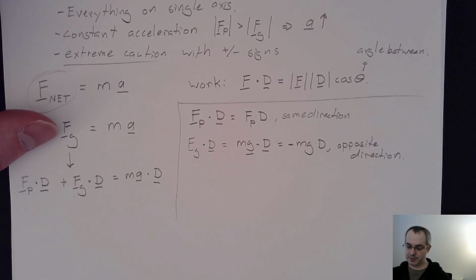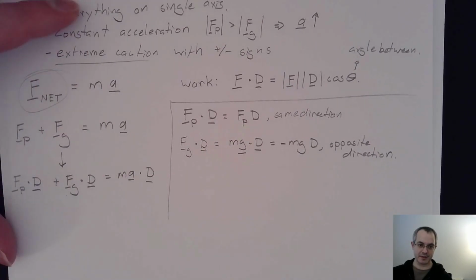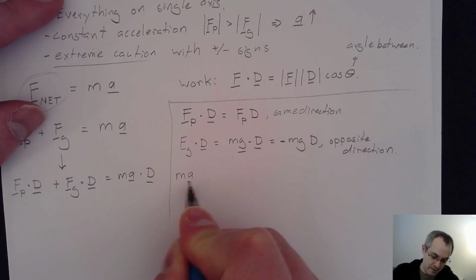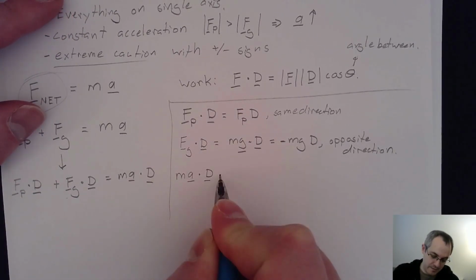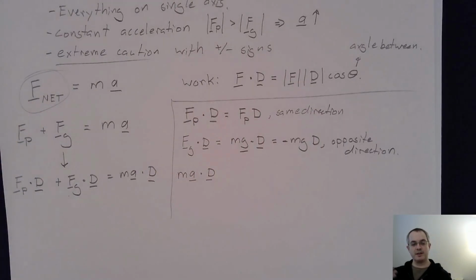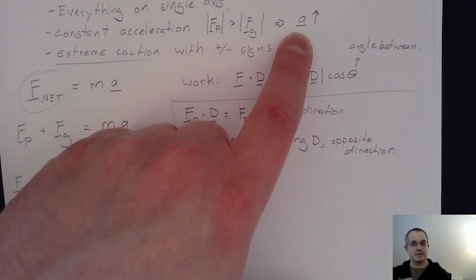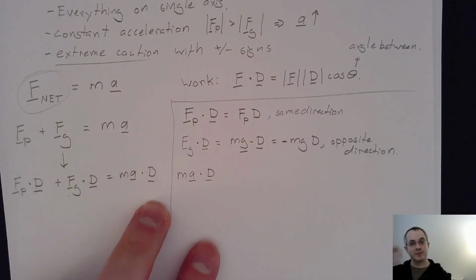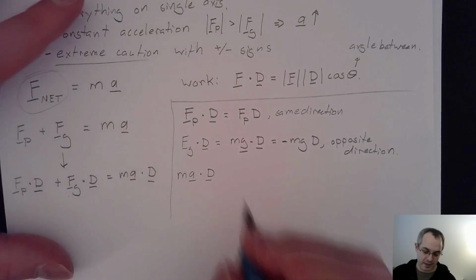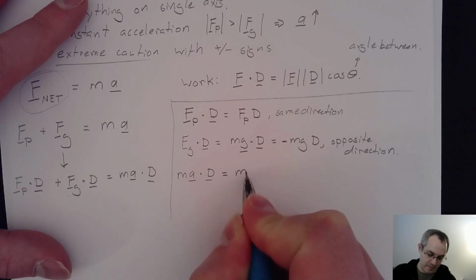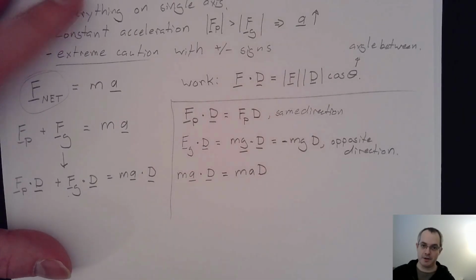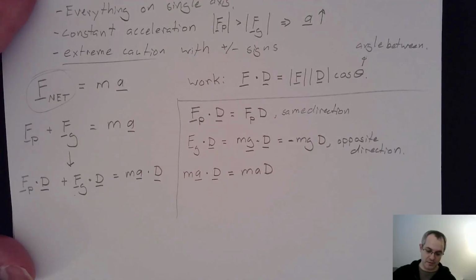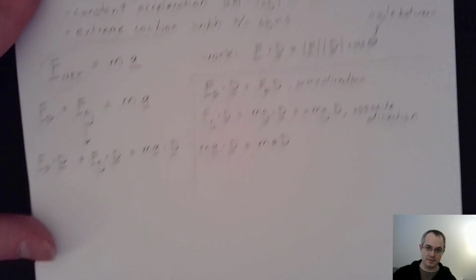All right. So, we've got this last term then. ma dot d. Well, of course, a is pointing up because we said that that's what we're going to do. So a is pointing up, and d also points up, so they're in the same direction again. So we have m, a, d, mad. So let's substitute those three results into this equation here.